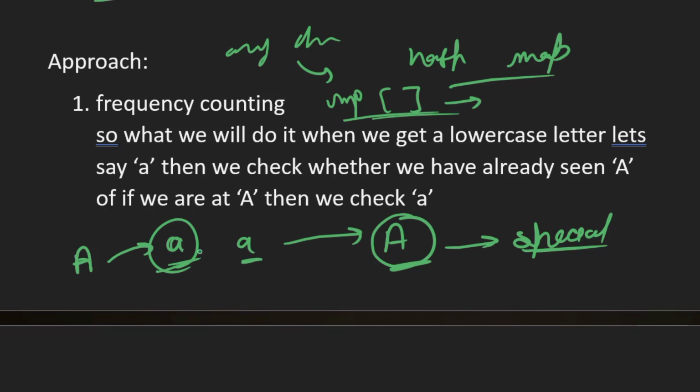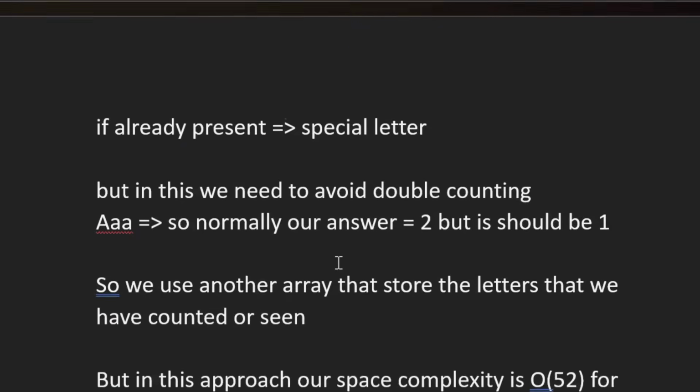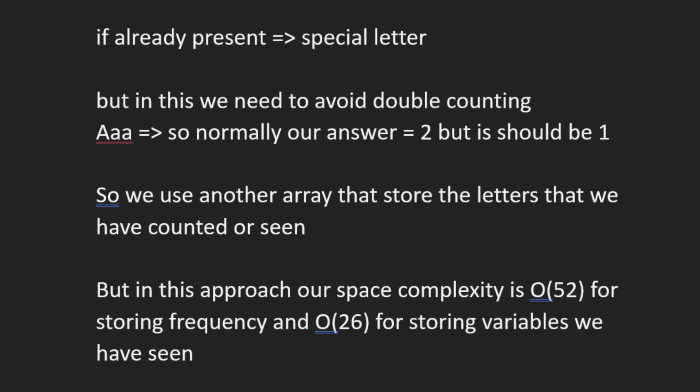If this is not present, then we skip that part. This way, if we have small b, we check for capital B. So if we have one letter of the pair, we check for the respective other letter of the pair.